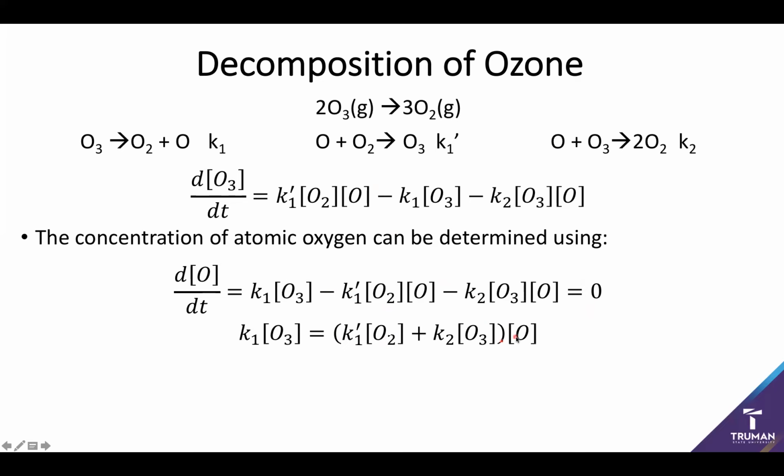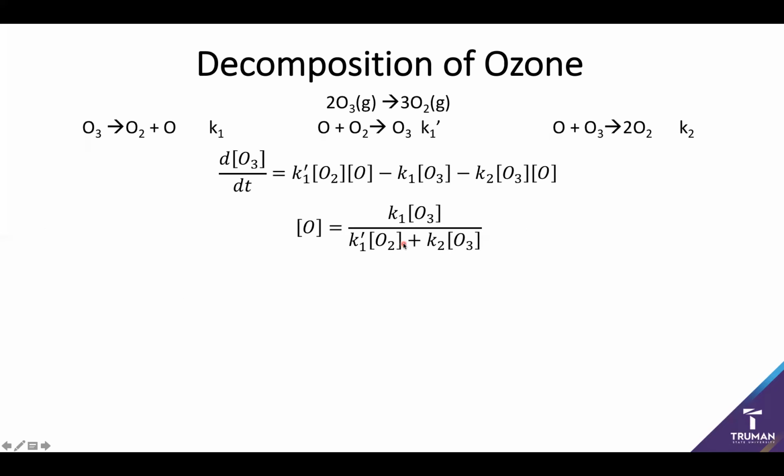However, I want to try and isolate my atomic oxygen concentration. So I'll divide both sides by this rather wonderful prefactor value, and I'm left with a beautiful little expression for our atomic oxygen. However, the reason I did this is because what I really cared about is the rate of reaction of ozone.